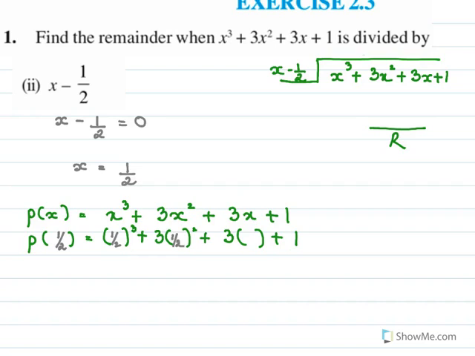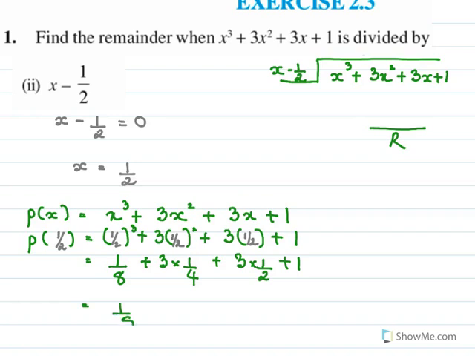So this is 1 by 2, 1 by 2, and we go ahead and work it out. So 1 by 2 the whole cube is 1 by 8. 1 by 2 the whole square is 3 into 1 by 4. This will be 3 into 1 by 2 plus 1.